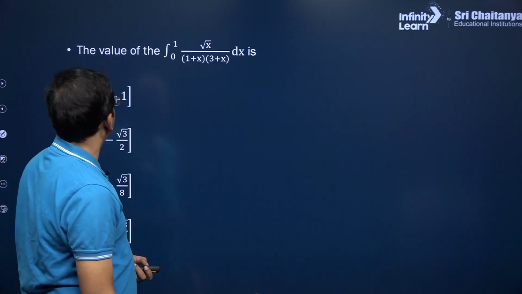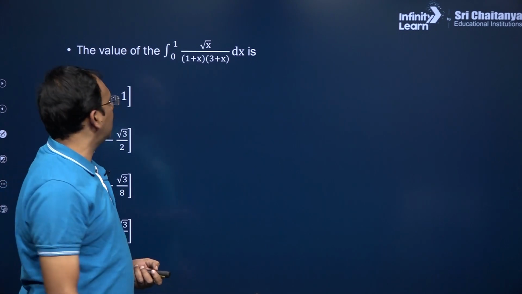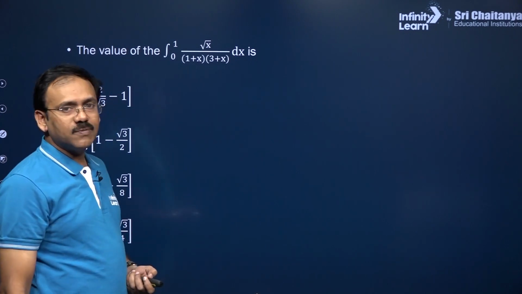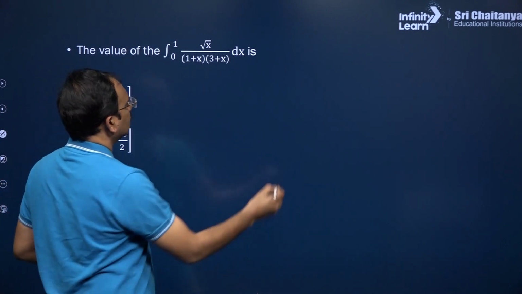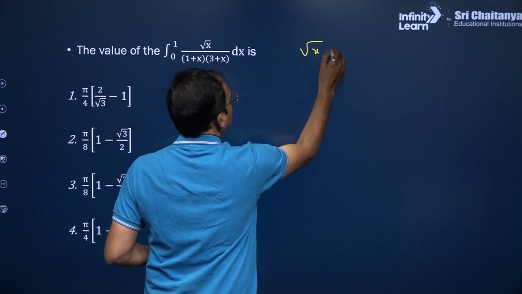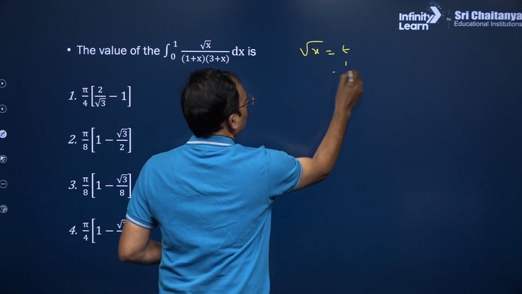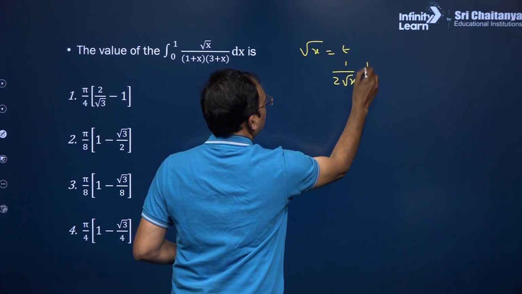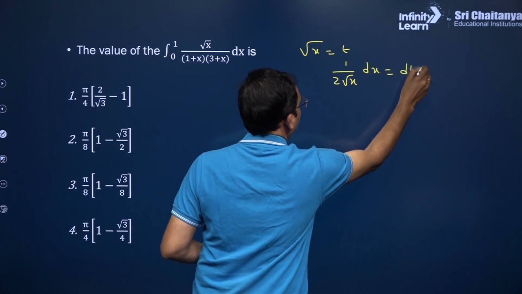Next, my dear friends, you see this definite integral 0 to 1 root x by (1 plus x)(3 plus x). So this is, you just take root x is equal to t, my dear friends. So 1 by 2 root x into dx is going to be dt.